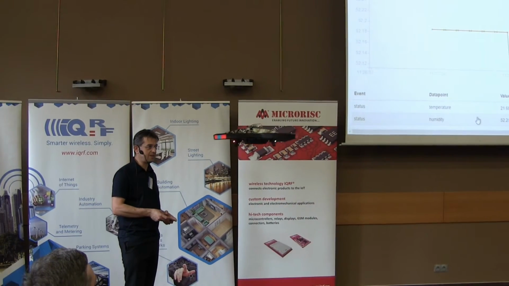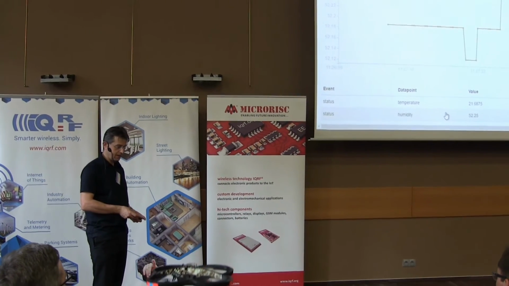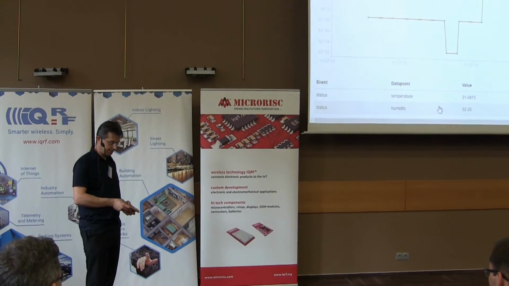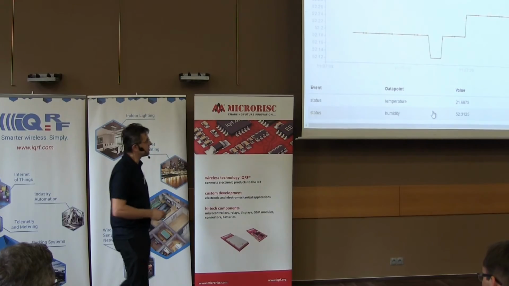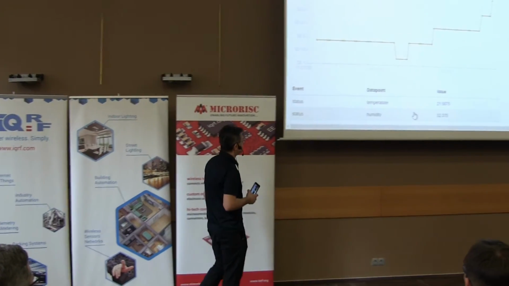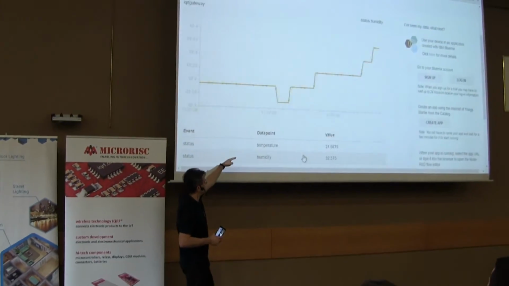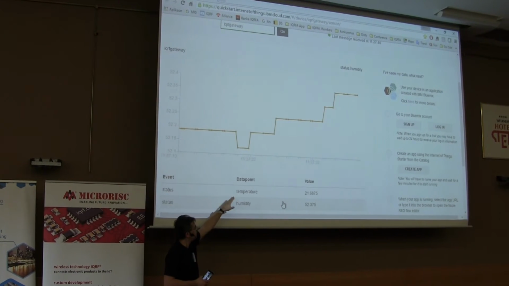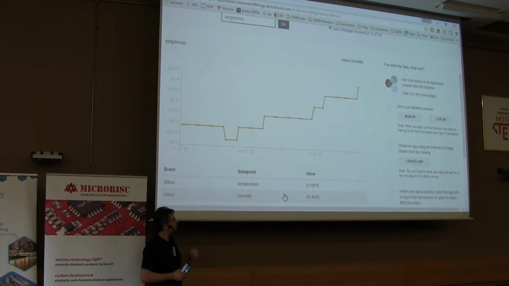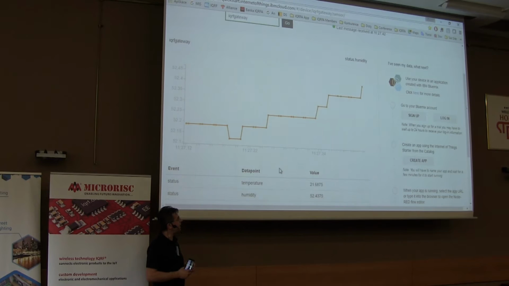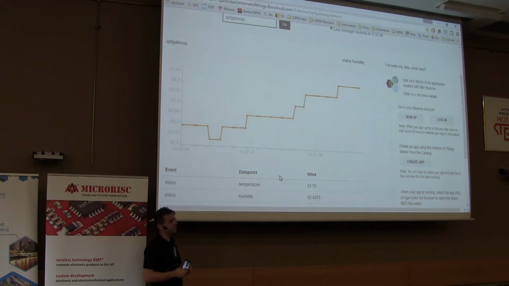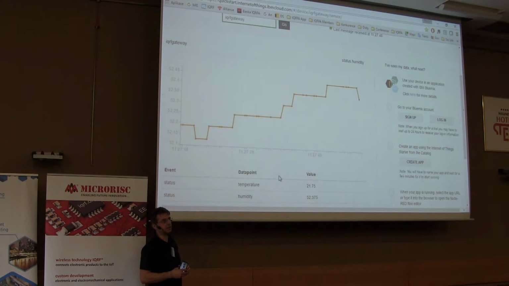So I will descend, just not to play too much. What's great here is that the data, the temperature and the humidity, are changing on the fly, and through the API you can use it in your application for processing.